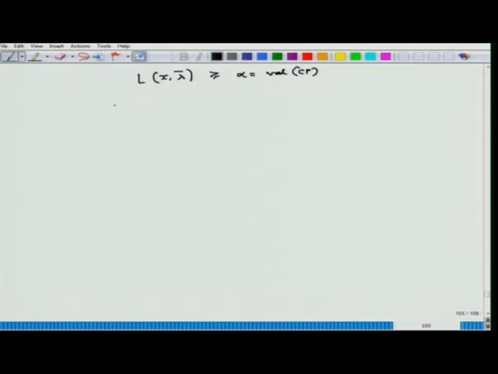Now, if I take the infimum over all x in Rn of this expression, L of x, lambda bar, this becomes bigger than alpha equal to value of Cp, and this is nothing but, by the very definition, theta of lambda bar, which is greater than or equal to value of Cp.